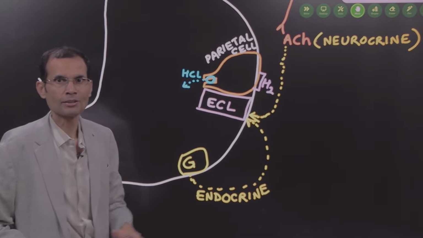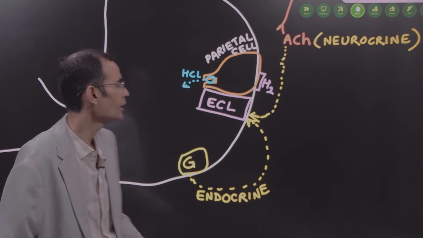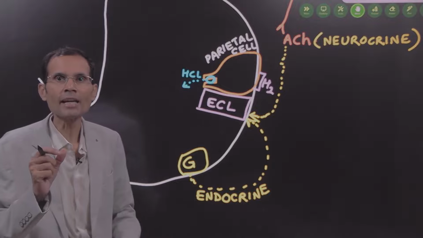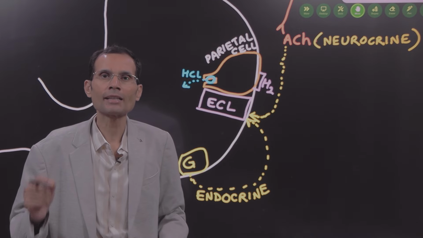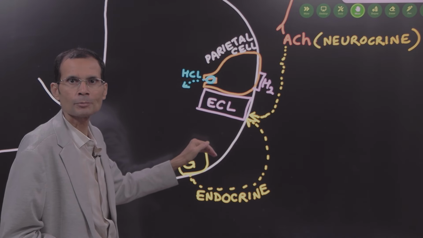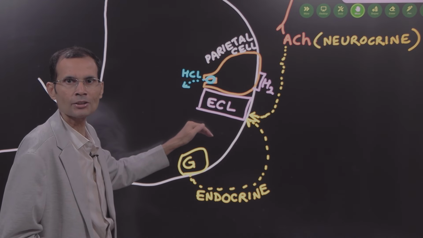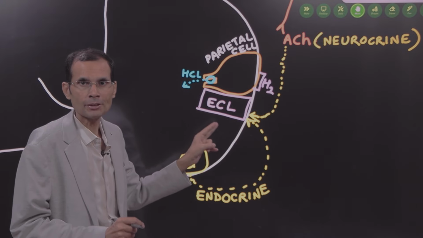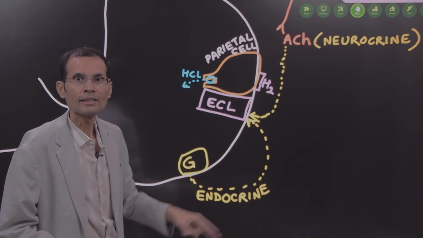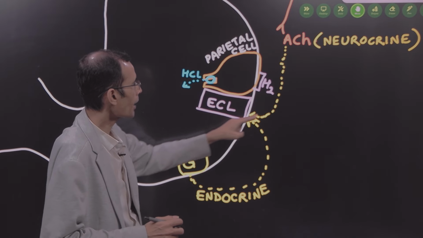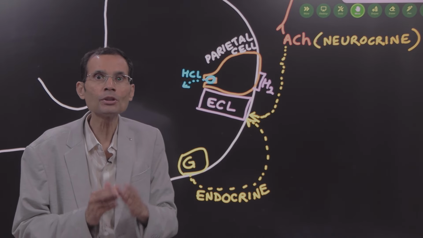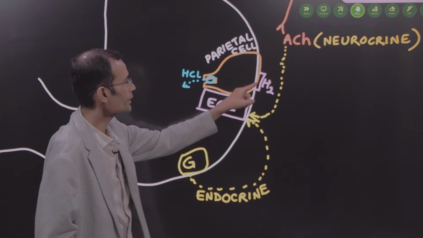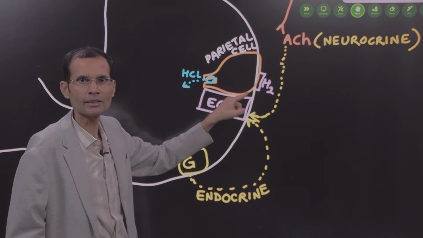And the third one, which is in question here, is the ECL cell, the enterochromaffin-like cell. This is a paracrine stimulus because it's just adjacent to the parietal cell. The ECL cell secretes histamine, and histamine acts via the H2 receptor, which is located on the parietal cell, of course.